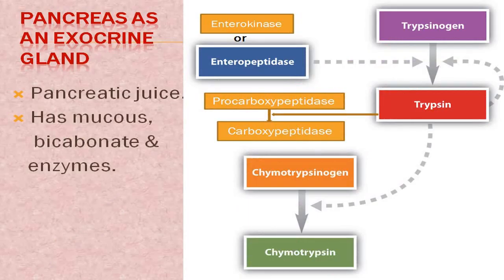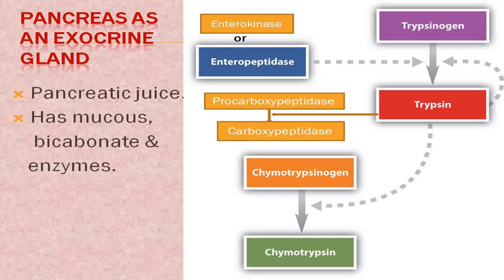Now the pancreas as an exocrine gland, because the exocrine parts secrete pancreatic juice which then helps in digestion. The pancreatic juice consists of mucus, again for the lubrication of the walls of the intestine. It also consists of bicarbonate, which is for the neutralization of acidic chyme which comes from the stomach, and it consists of a number of enzymes.